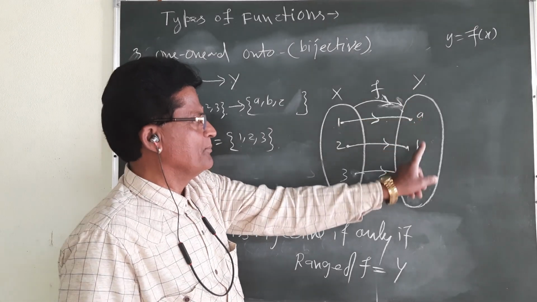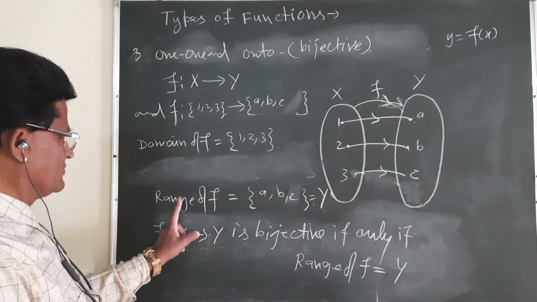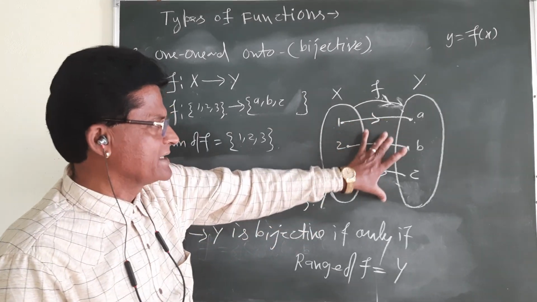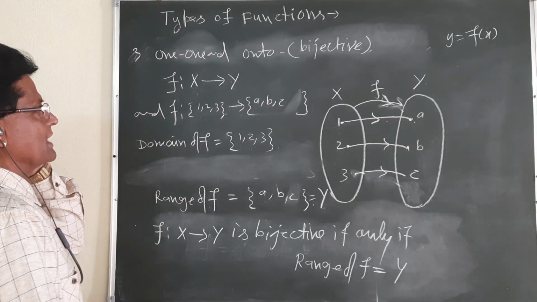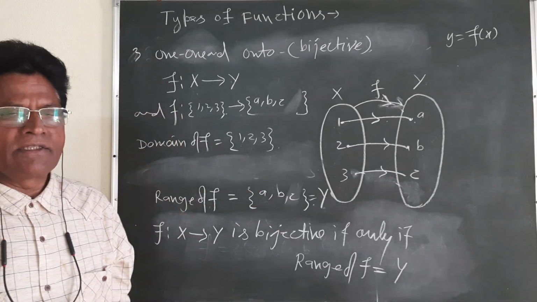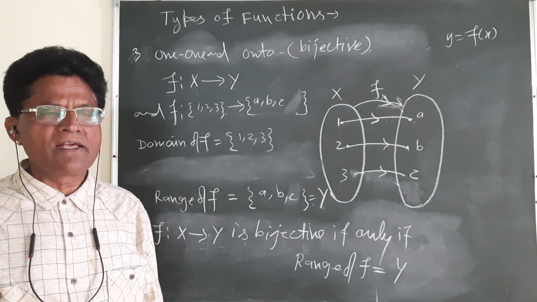Elements of y are a, b, c, given over here. That is why the range of f is equal to y. And this function is an example of a bijective function.